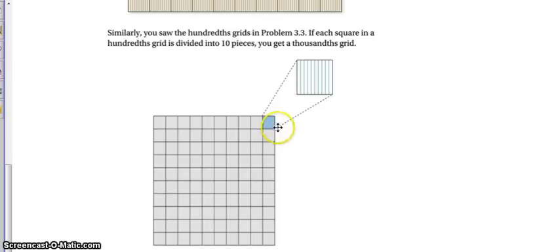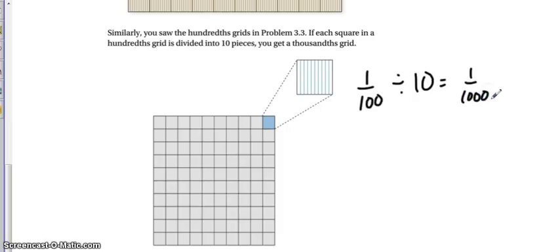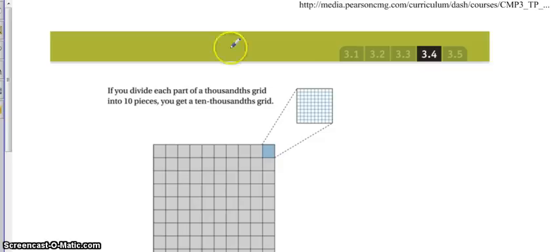So if we divide each hundredth into 10, essentially saying that 100th divided by 10 is going to equal 1,000th. Okay? All right, so let's move forward.